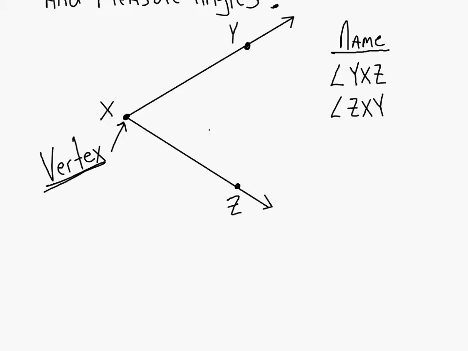If there's a number on the interior of the angle, any kind of number, this could also be called angle 3. This portion in here where the number 3 is, this is called the interior of the angle.